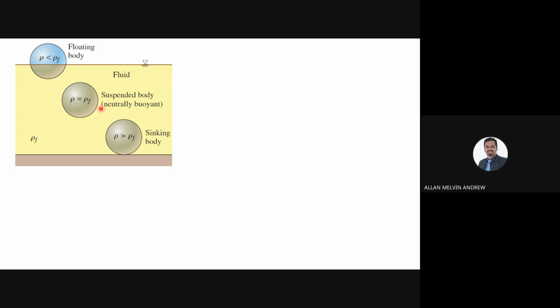Let's say you don't know how to swim, you jump into the water, you drink a lot of water, so the density of your body will increase. And when it's the same, you will be at the same level, so you won't go down, you won't go up, because your body is neutrally buoyant. So the density of your body and the density of the surrounding fluid is the same.